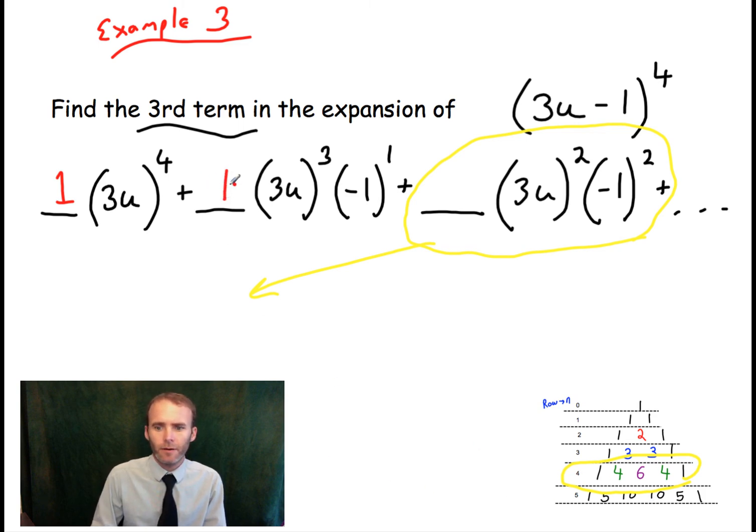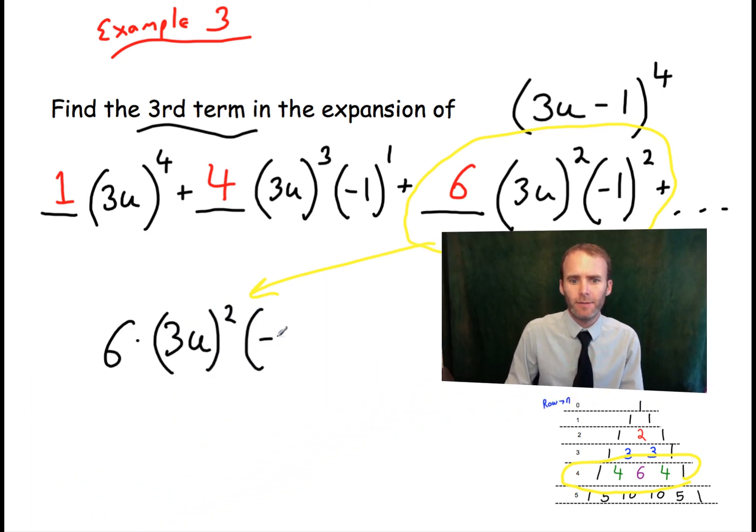So we have 1, 4, and 6. So if I come down here, let's simplify this. I have 6 times 3u quantity squared times negative 1 squared.